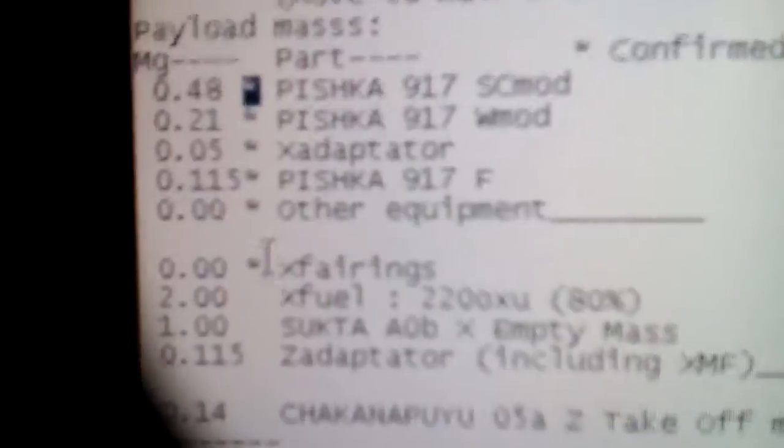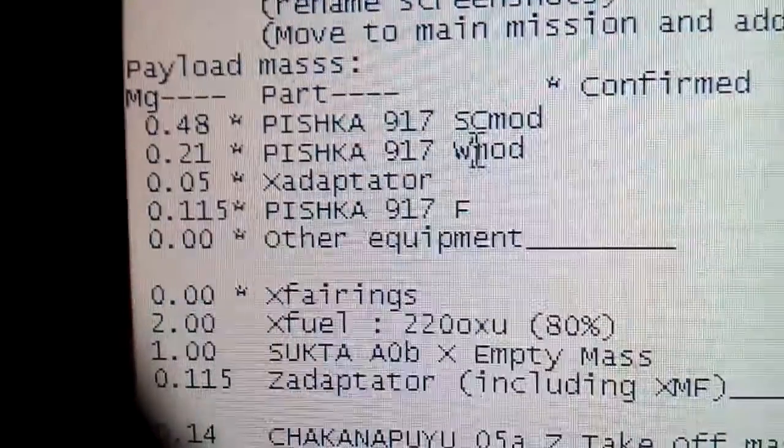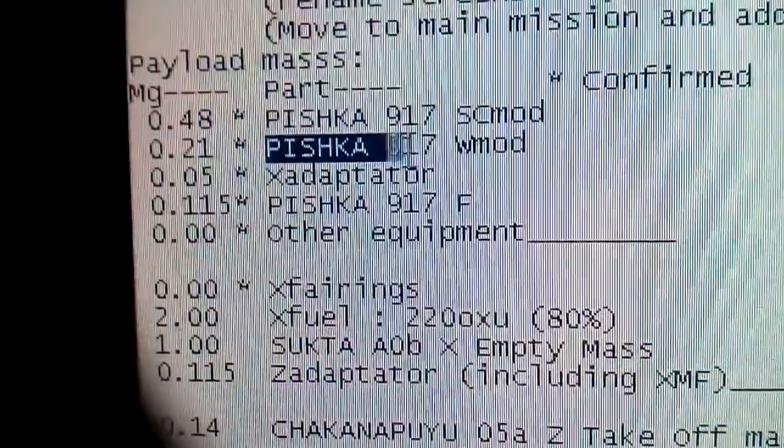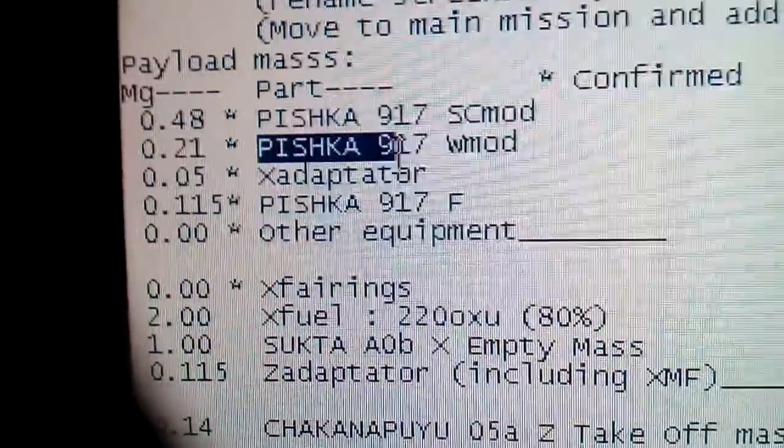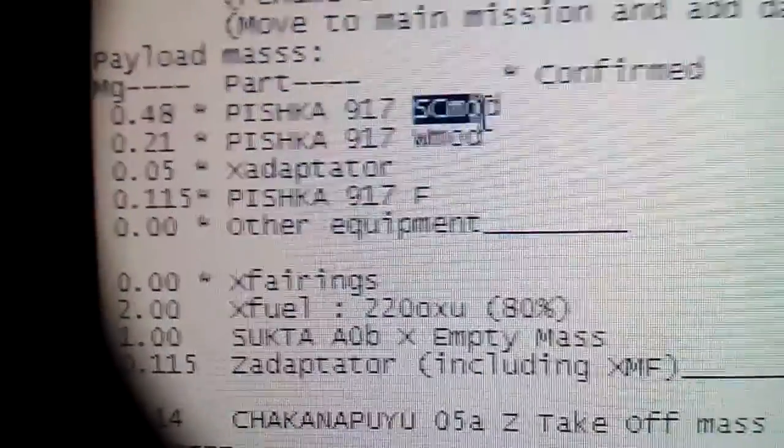It means that it is confirmed, because some of that data is predicted and other data is checked in the KSP. The whiskey mode of the Pishka 9917 is the utility or service module of the capsule.